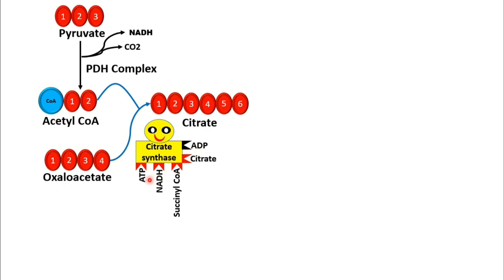Because our goal is to produce ATP, ATP will inhibit citrate synthase, and also NADH inhibits citrate synthase because a lot of NADH will be oxidized in the electron transport chain to produce more ATP.